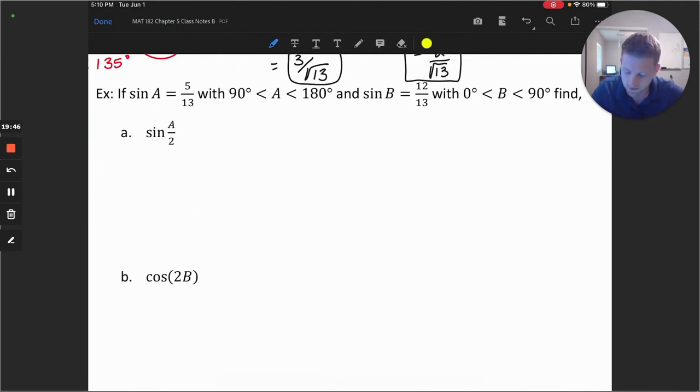So the first thing is that the sine of an angle A is 5 over 13, with A between 90 and 180. The second piece of information we get is that the sine of B is 12 over 13, a different angle, and that is within 0 to 90 degrees.